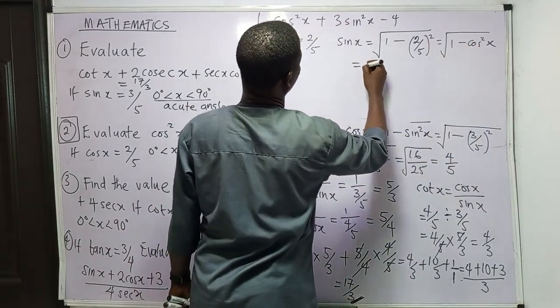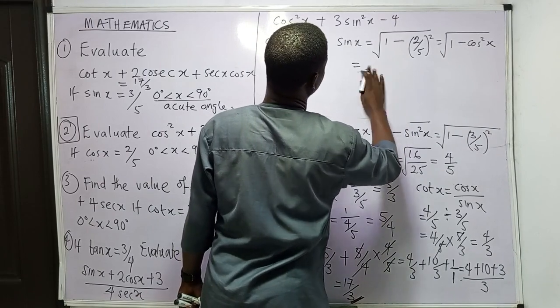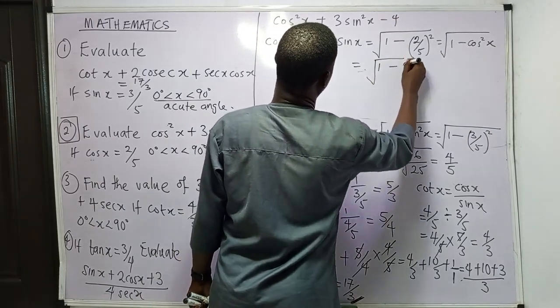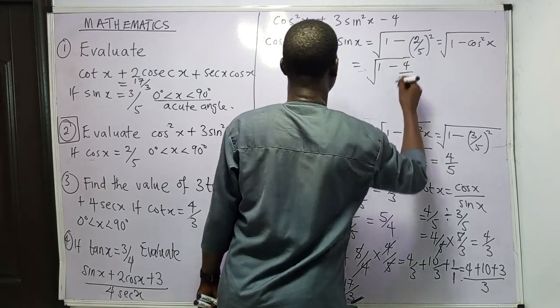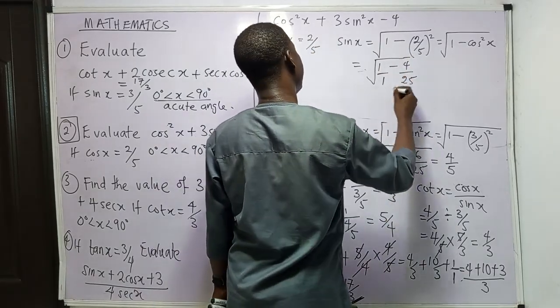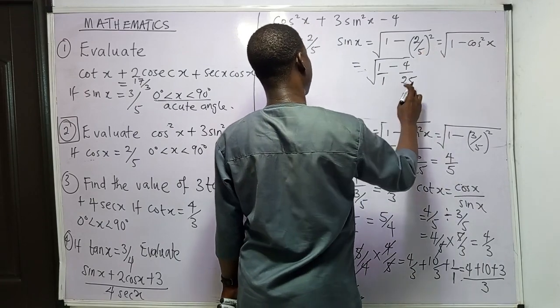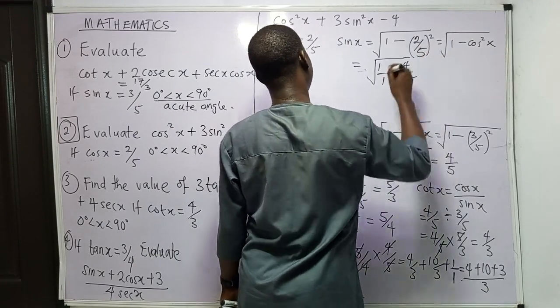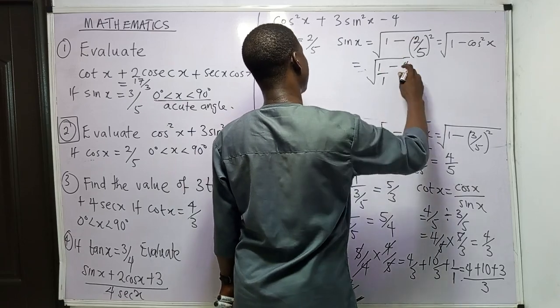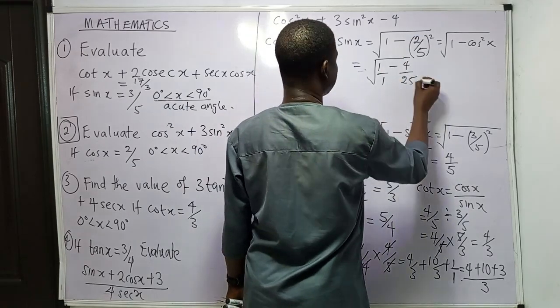So what do we have now? This will now give us 1 minus 4/25. And that will give us what? Don't forget 5 square is 25. Then 2 square is 4. So what is the LCM of this?